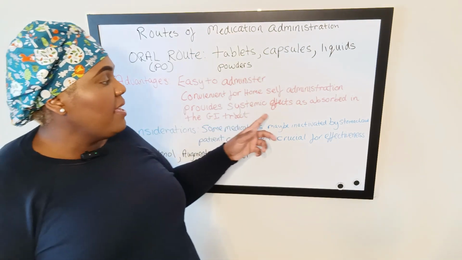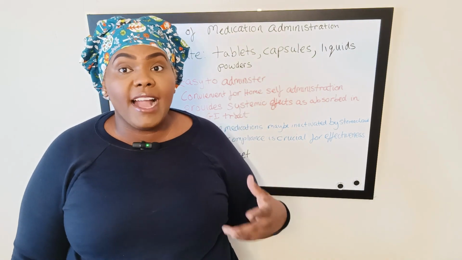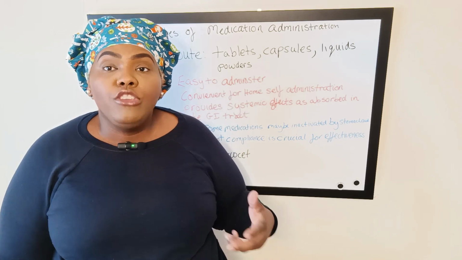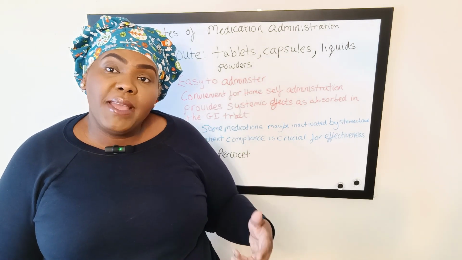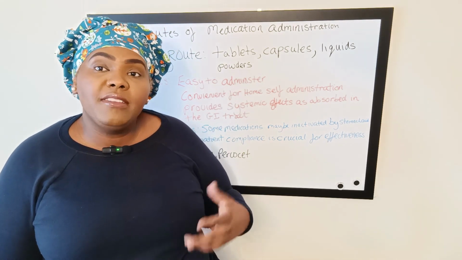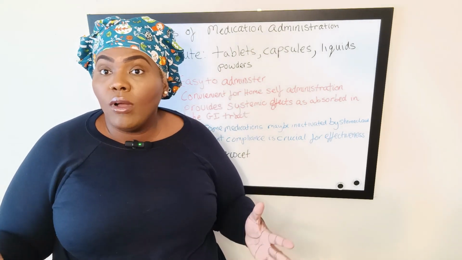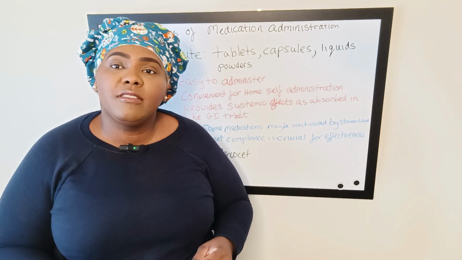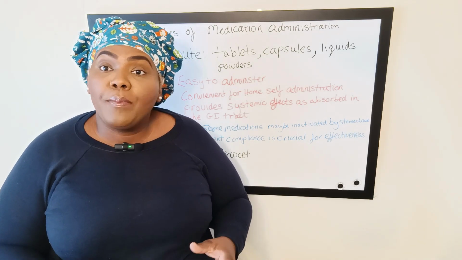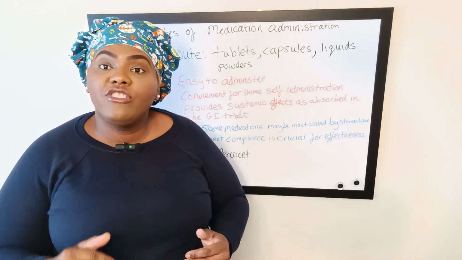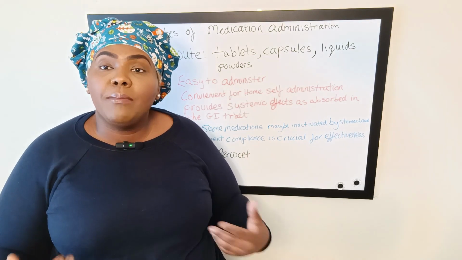It provides systemic effects because it is absorbed via the gastrointestinal tract. For example, you will give a patient hypertensive medication orally and you will be able to observe within 30 to 60 minutes. Sometimes some work over a longer period of time, but you will be able to observe the effect it has on their body. Their blood pressure tends to decrease once that medication is being absorbed properly and the body is responding.